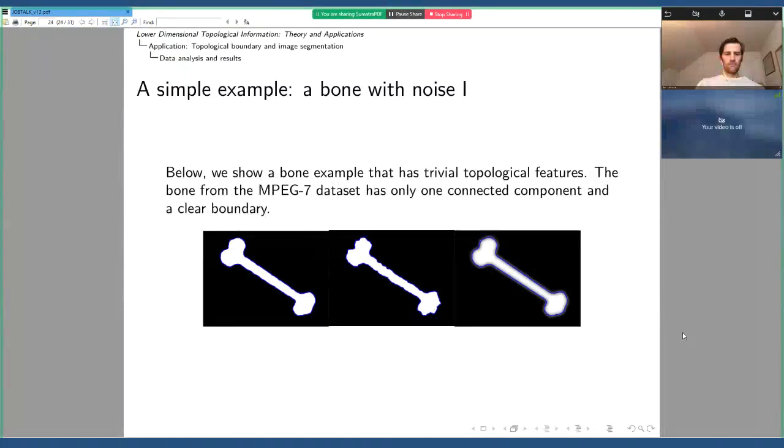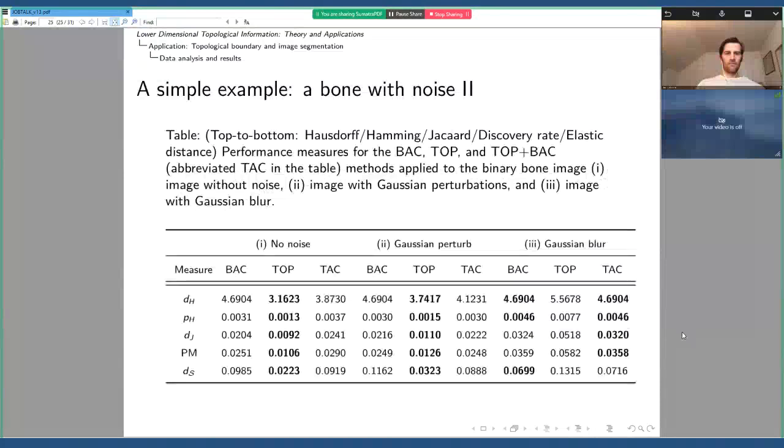And then we compare the performance of all three methods we mentioned, the TOP, the BAC, and our combined method. We use different kinds of performance evaluation measures, including Hausdorff distance between the segmentation result and the ground truth, Hamming distance, also between the segmentation result and the ground truth, and Jaccard distance, discovery rate, and the elastic shape distance.